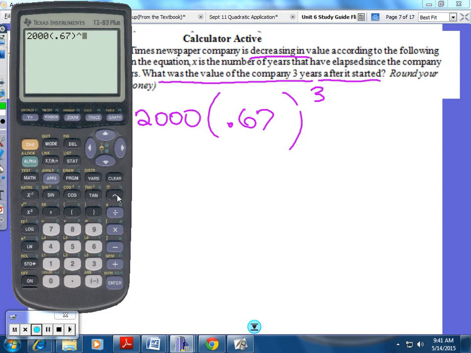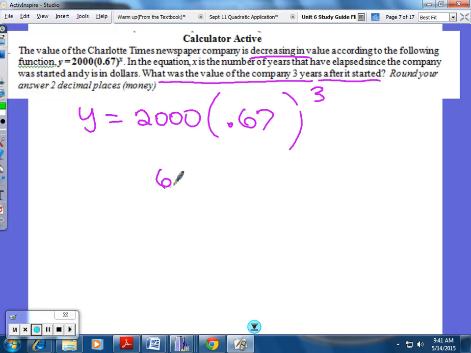That's the arrow key. That's how you put in an exponent bigger than 2 if you need to put one in. It looks just like it does in our problem. We hit enter, and that's our answer: $601.50.